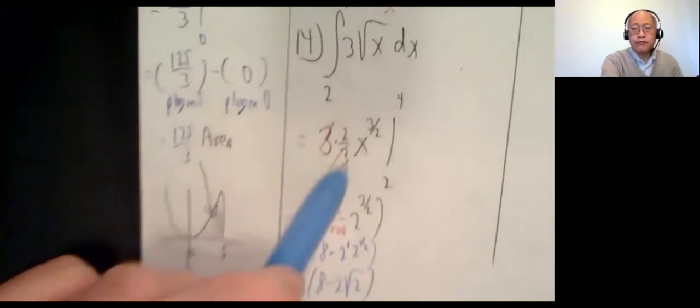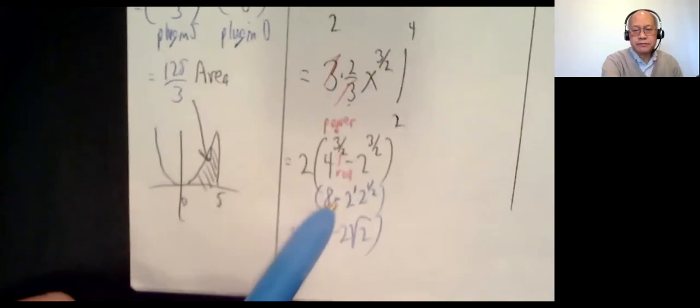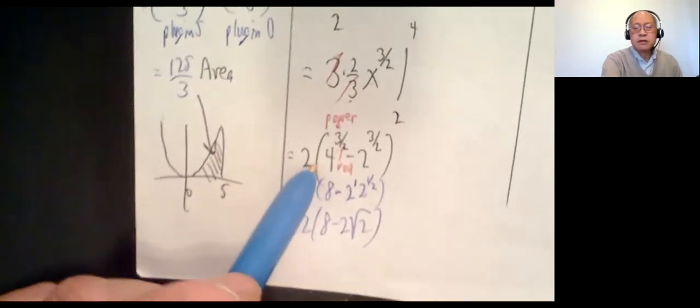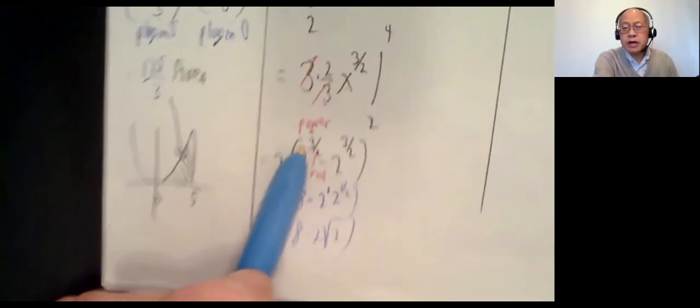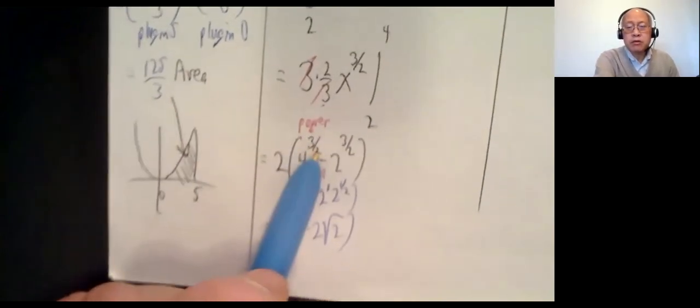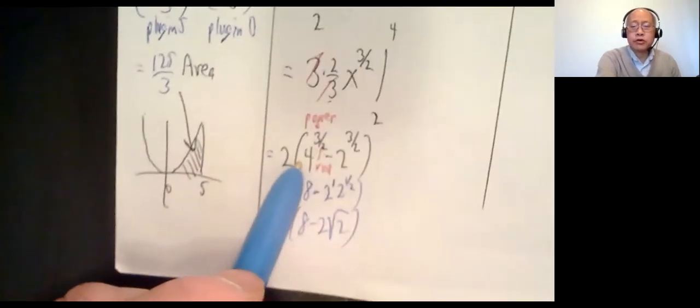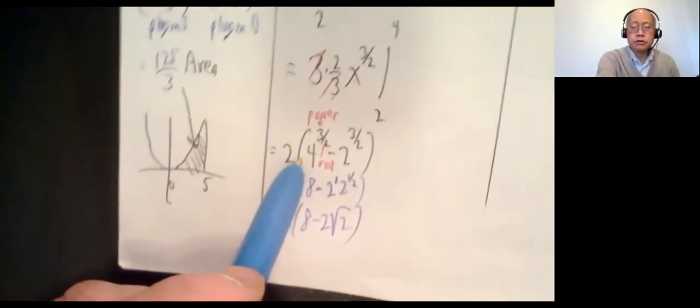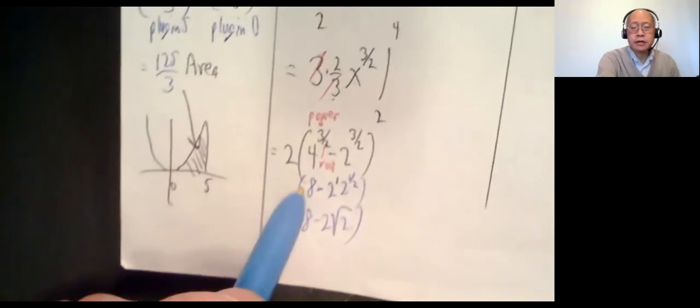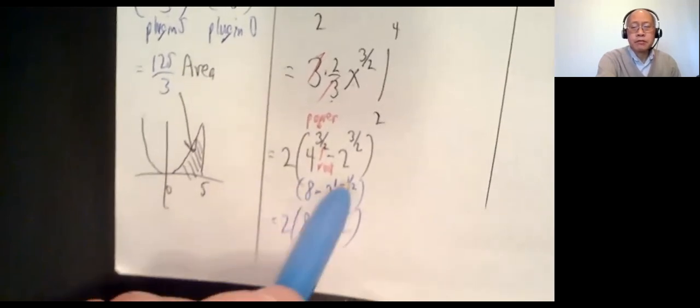So plug in 4 to the 3/2 minus 2 to the 3/2. Okay. You might recall when you have a fractional exponent, power is on top, root is on the bottom. So you take the square root of 4. What's the square root of 4? 2. Cube it, 8. Minus.